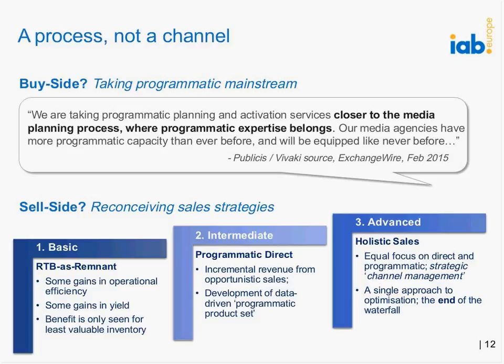Given the shift, sellers are responding, and across the industry, both large and small are reconceiving their sales strategies. And frankly, they're moving up the programmatic development path as quickly as they can, or as quickly as their market requires. There was once a time when RTB as remnant was enough, so they simply weren't missing the boat.